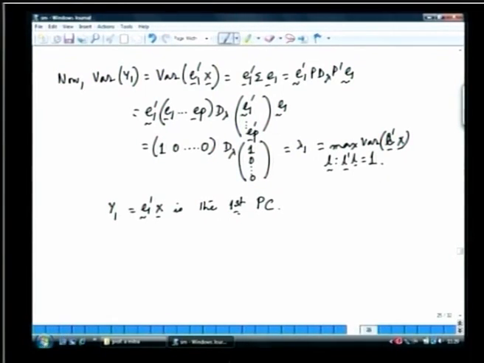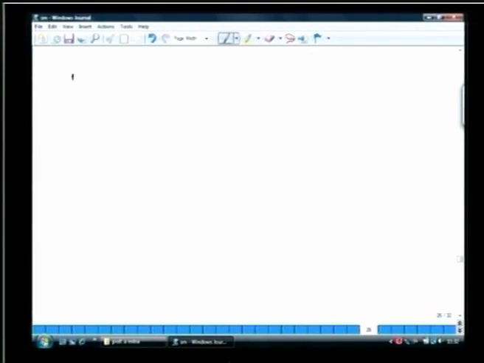Then I go to the next one, the construction of the second principal component. Next we consider y2, another linear combination of the original variables x1 to xp. Here we have to remember two things.